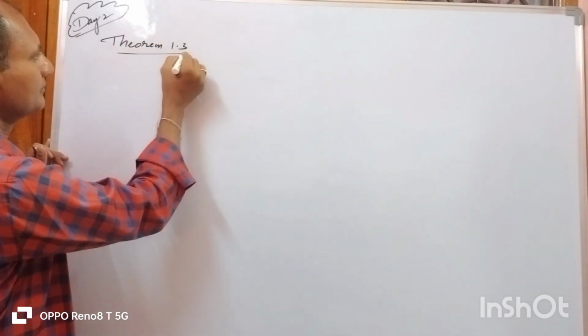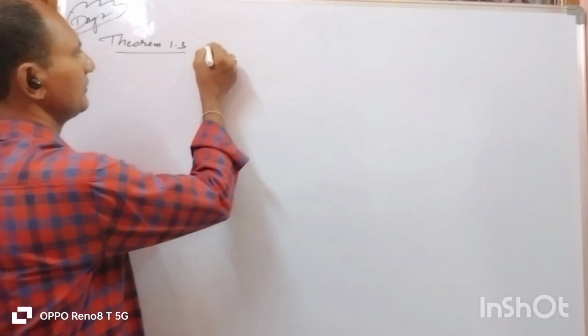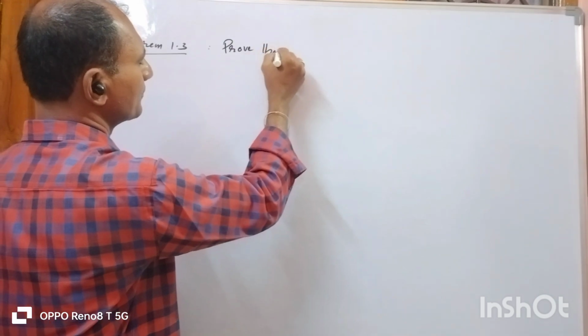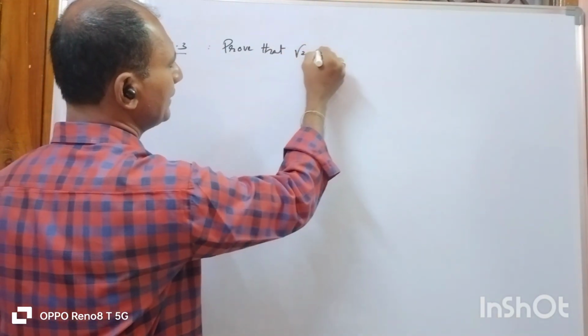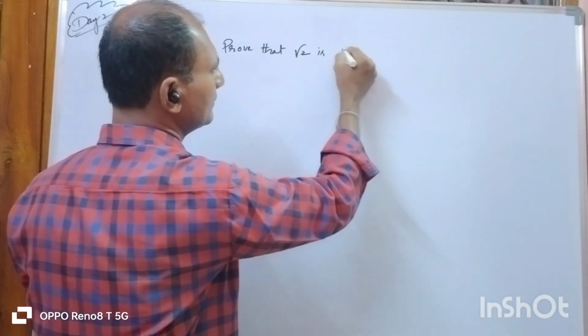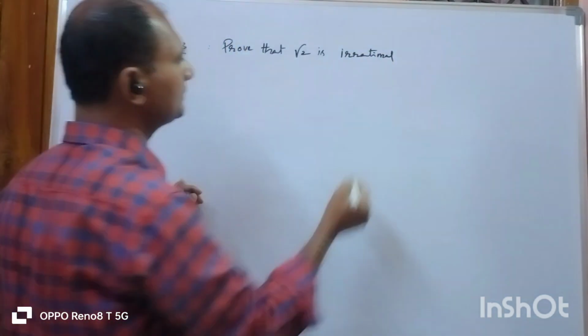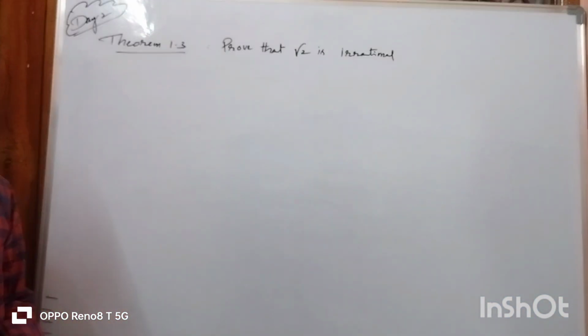What we have to prove is root 2 is irrational. We have to prove that root 2 is irrational.